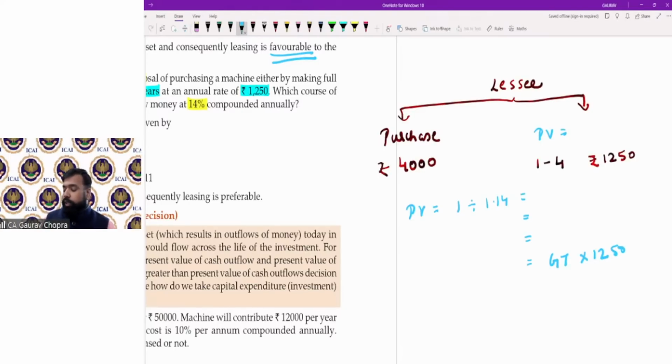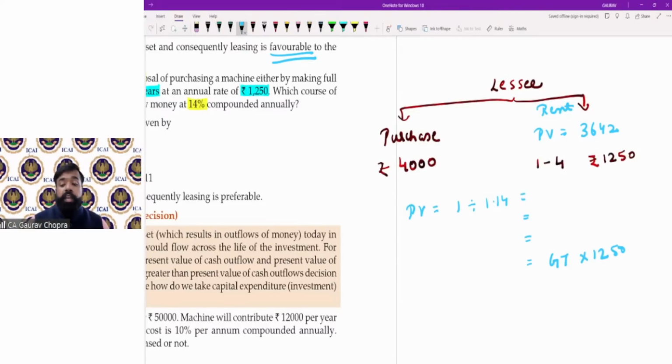So let's do this on the calculator. So how much is the present value, 3640. अगर हम रेंट पे करते हैं तो रेंट का प्रेजेंट वैल्यू 3642 आता है.